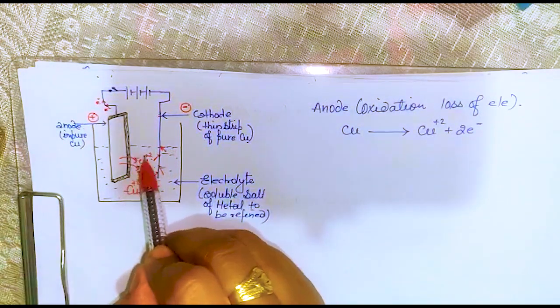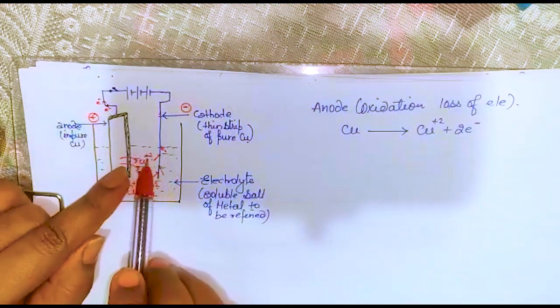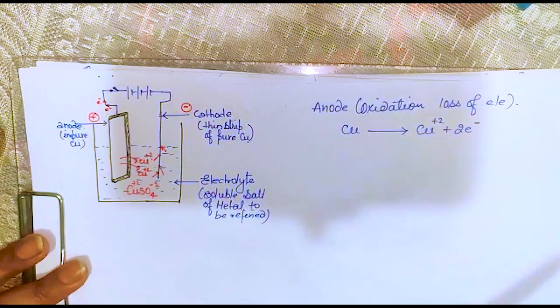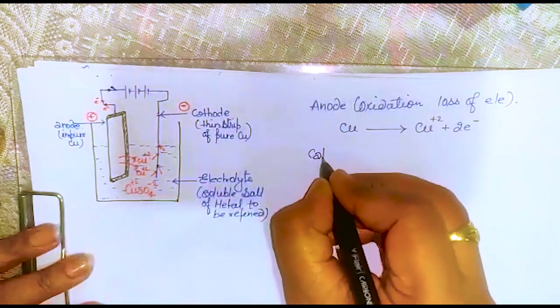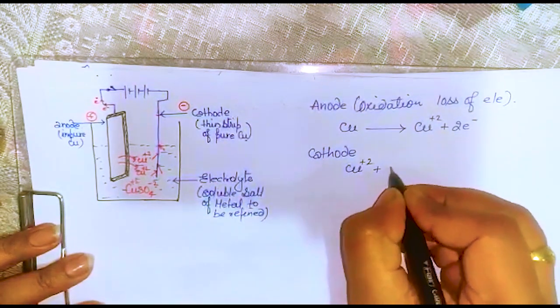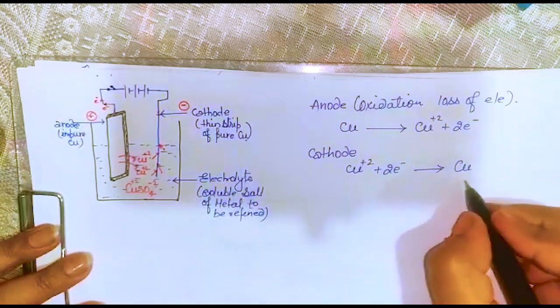This copper 2+ will gain the 2 electrons and start depositing on the cathode. So at cathode, this copper 2+ will take 2 electrons and will convert into Cu, copper.